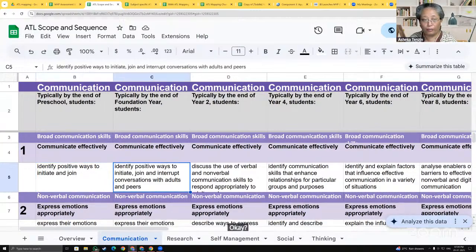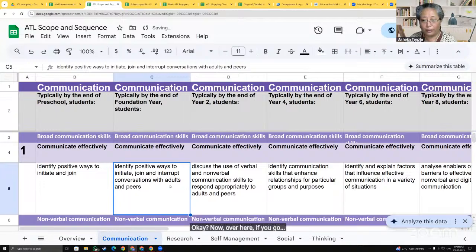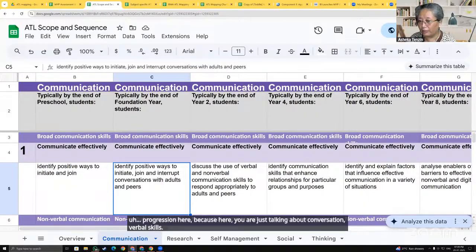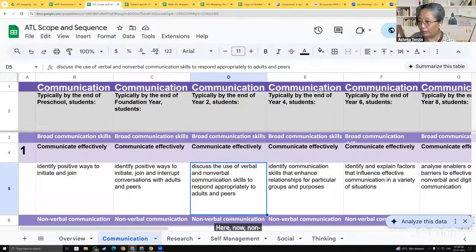Now if you go to grade 2, there is a bit of progression, because here you are just talking about conversation, verbal skills. Now non-verbal skills have also come into the picture. Discuss the use of verbal and non-verbal communication skills to respond appropriately to adults and peers.